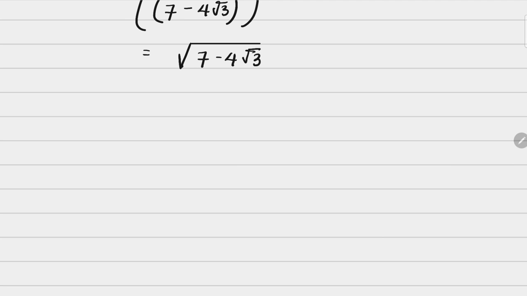Now, if you have this, for you to find this root, assume that the root of a minus b be the root of 7 minus 4 root 3.